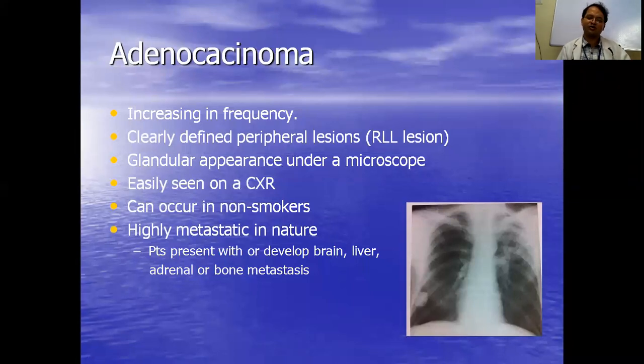Under the microscope, there will be glandular appearance of this carcinomatous tissue. It's easily seen on the chest X-ray, and it occurs in non-smokers, but the metastatic rate is very high in these patients, where the tumor spreads early to distant organs like brain, liver, adrenals, and bone.